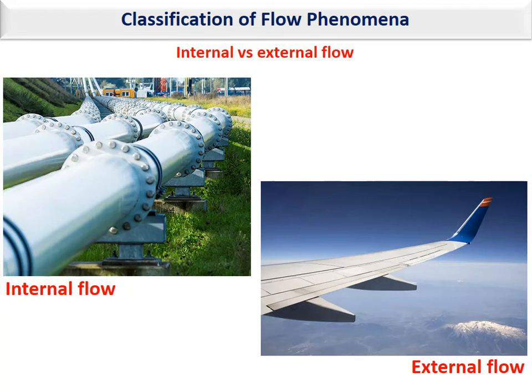But as you can see on the right side, for the external flow, the outer boundary is actually infinity. The flow over, for example, an airfoil, a chimney, a car, a missile, a turbine blade, and many others can be named external flow.